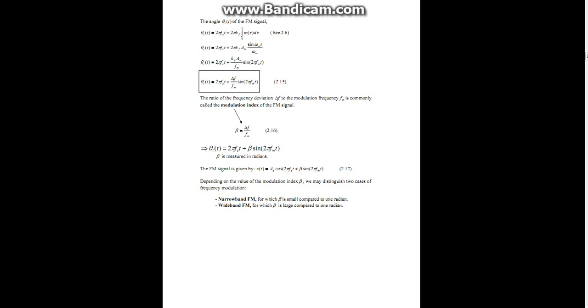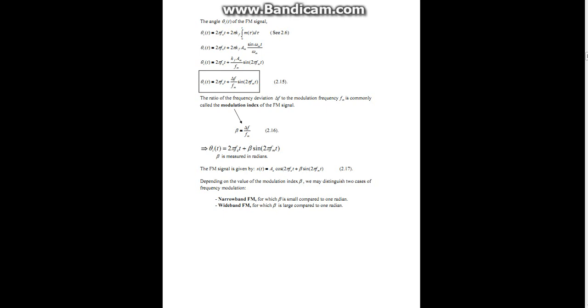So we get the instantaneous angle of the FM signal equal to 2π fc t + beta sin(2π fm t). Now this value will be put in the initial equation of the FM signal, and that is s(t) = Ac cos(2π fc t + beta sin(2π fm t)).